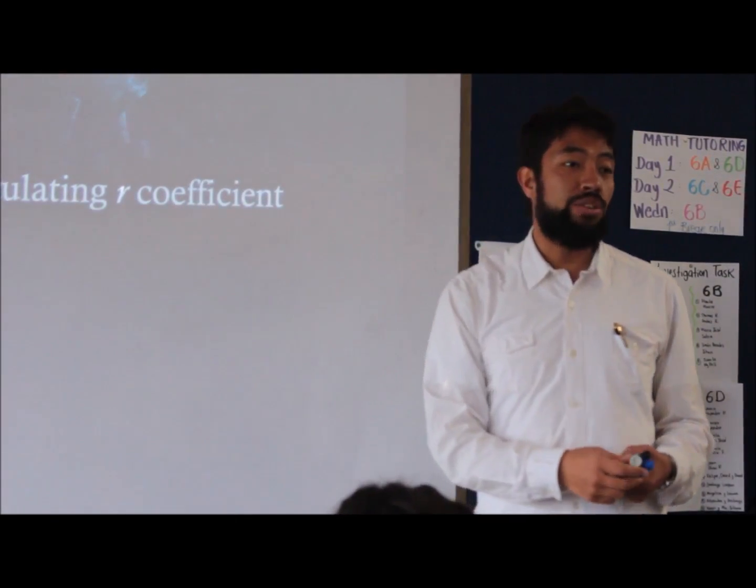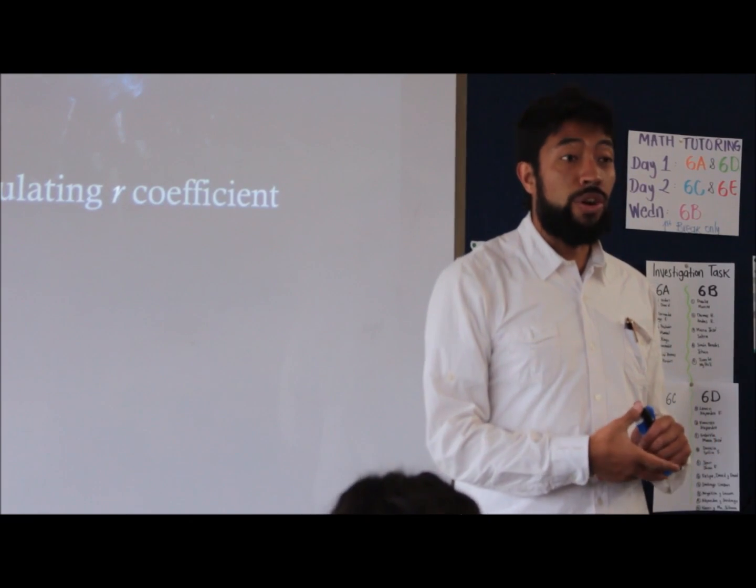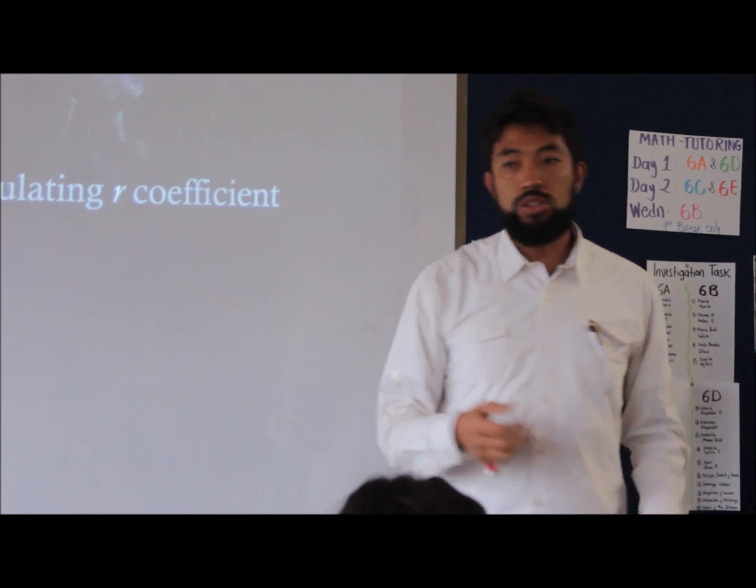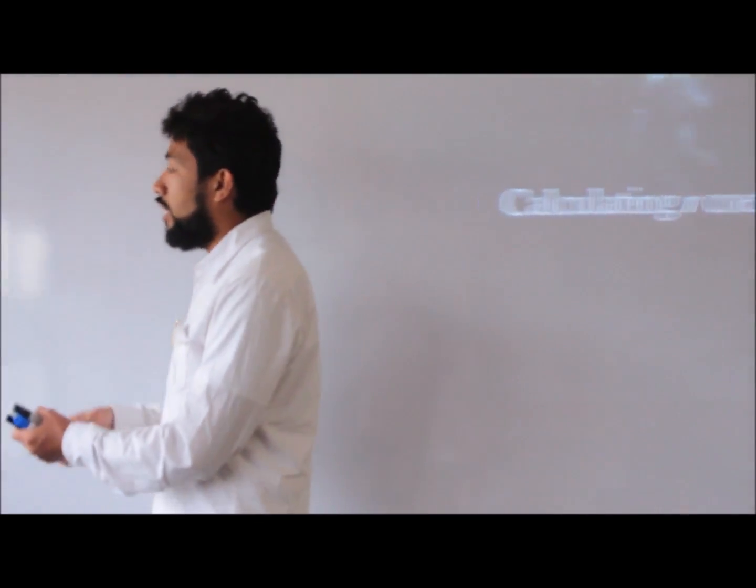Today we're going to verify how to calculate the R coefficient. So I would like to begin this lesson by asking what the R coefficient is used for. What's the purpose of finding the R coefficient?